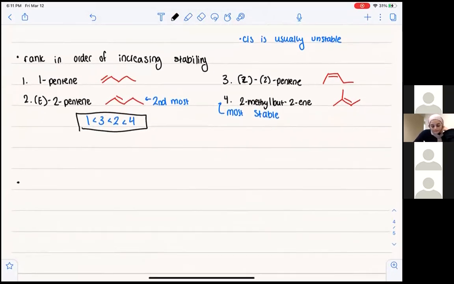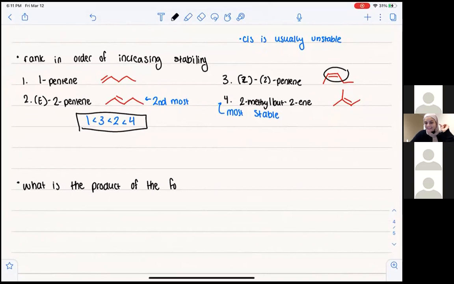Oh, wait. Yes. I got confused. Sorry. But you just said 3 has more hindrance, so wouldn't that make it less stable than 1 then? Okay, my bad. I totally explained that incorrectly. Sorry.